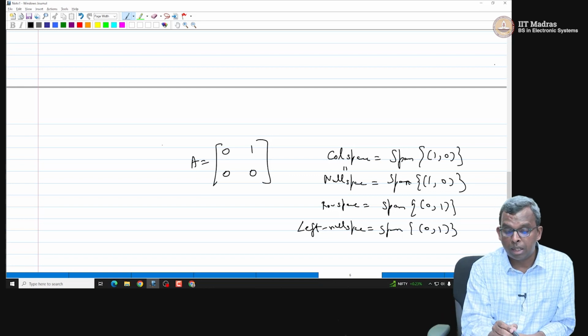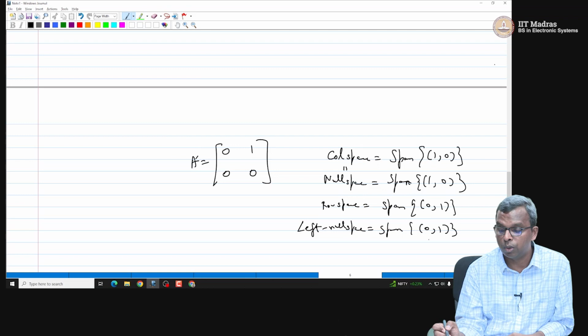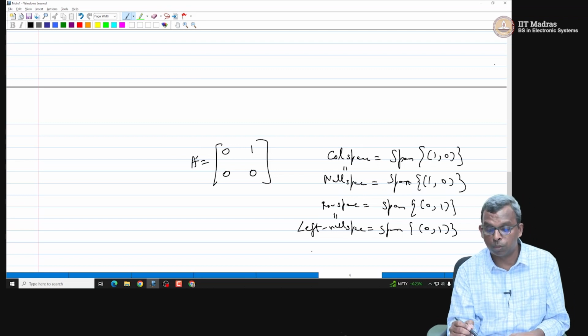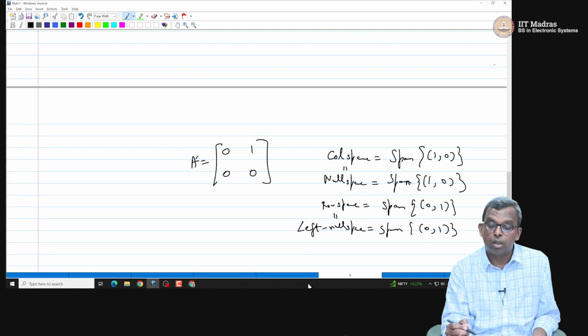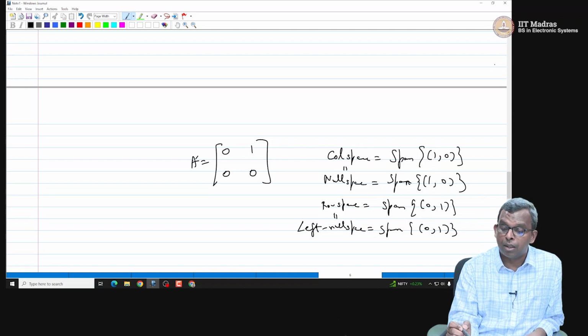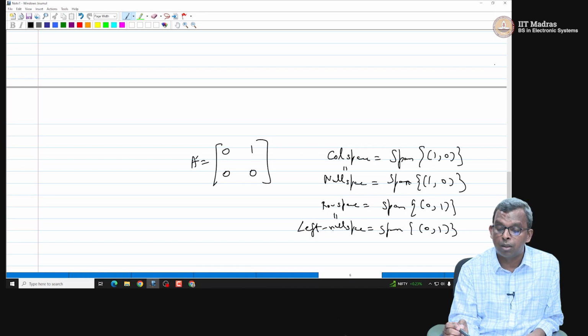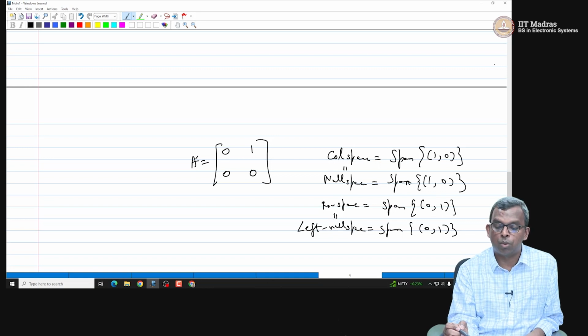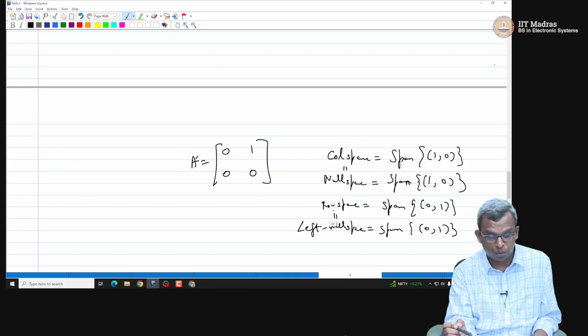If you multiply on the left side, the first column should be 0 and the second column can be arbitrary. So it works out. The row space and left null space are also equal, and that has to be true, because the null space is the complement of the row space, and the column space is the complement of the left null space. If these two are equal, their complements will also be equal. So this is always true.